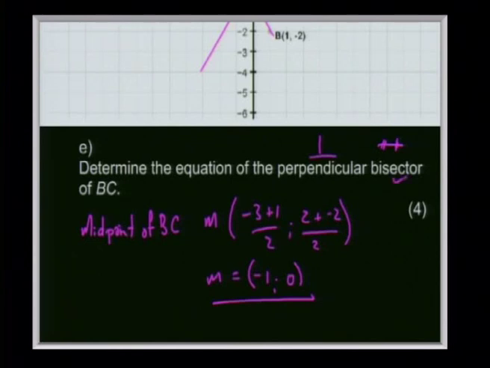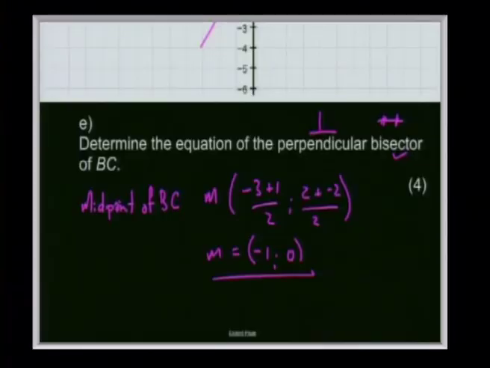Perpendicular is the next bit. Now, we've got the slope of BC. We worked it out in part A, part 1. It was negative 1. What times negative 1 is going to give you negative 1? Remember, if the product of the slopes is minus 1, the lines are perpendicular. Of course, it's going to be 1. So our slope of our perpendicular bisector is going to be 1.